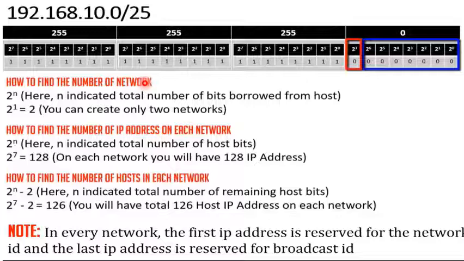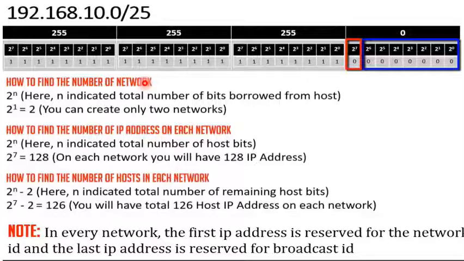The address starts with 192, so this address belongs to class C. The class C default subnet mask address is 255.255.255.0, but the CIDR value is 25. So 25 means we should borrow one bit from the host bits.